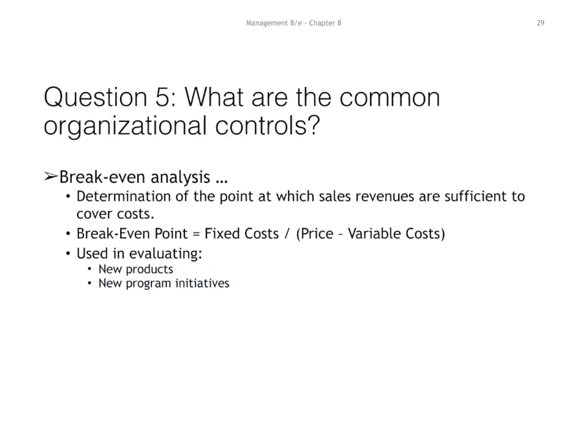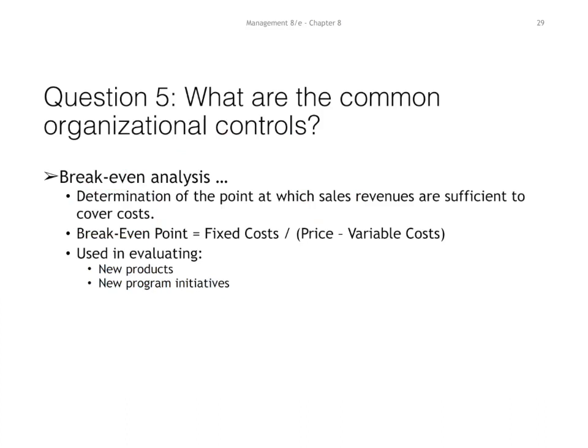And then what are the common organization controls? It can be break-even analysis. What for? Break-even analysis is used for a new product, new program, or initiative. In this analysis, we determine the point at which sales revenue is sufficient to cover the cost.